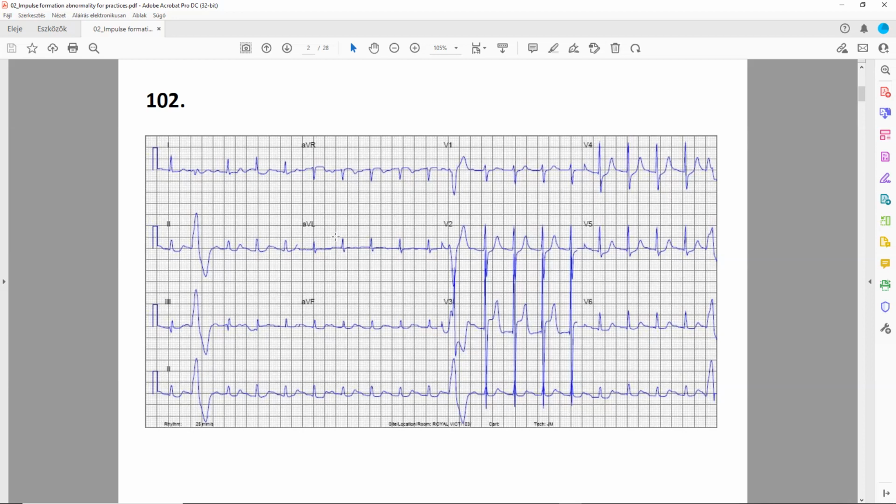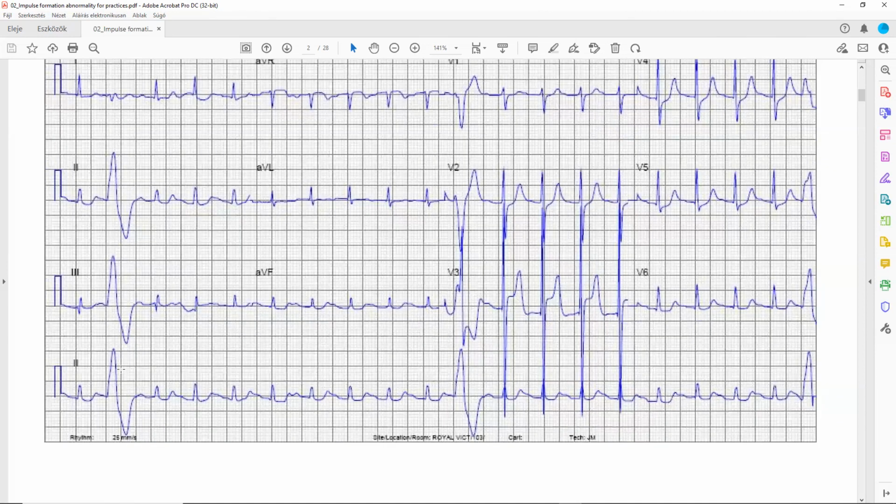Don't worry. Okay, so first, if it's rhythmic or arrhythmic, it looks like arrhythmic. And then regarding the heart rate, again we have to count.